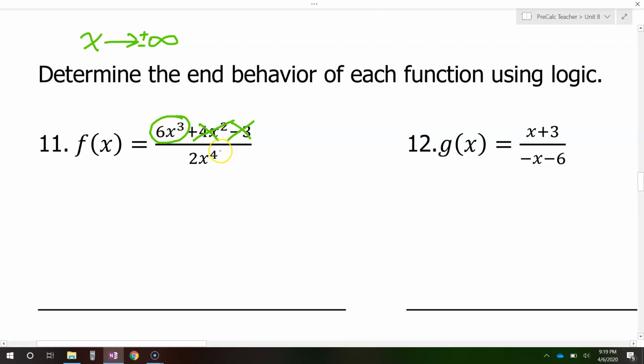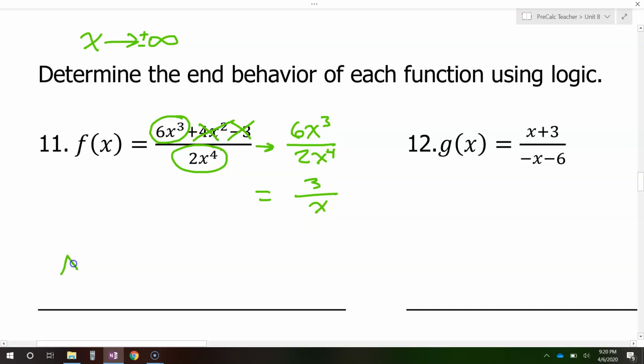So as x approaches infinity, this function is going to get closer and closer to being 6x to the third power over 2x to the fourth power. And this simplifies down to 3 over x. So what's going to happen to this?